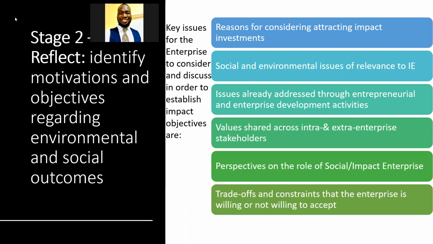Here, under the second stage within the ESG Toolkit, we look at key issues for the enterprise, like Yatu Foods, to consider and discuss in order to establish its impact objectives. Some of these issues are, for instance, the reason for considering attracting impact investments. So what are your reasons for considering the attraction of impact investments?